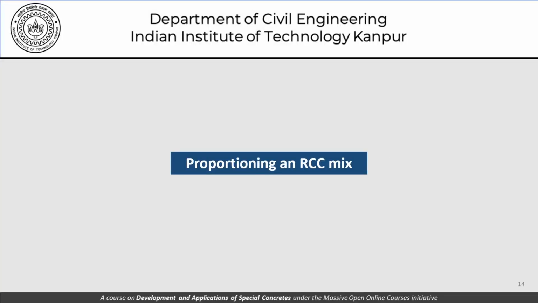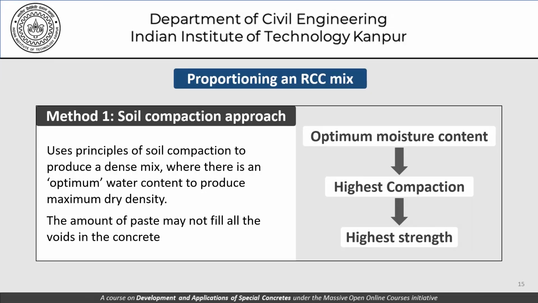As far as proportioning of roller compacted concrete mixes is concerned, there are basically two approaches. One approach is that of soil compaction. In the soil compaction approach, you know from your soil mechanics, a graph like this, which has density plotted on the y-axis and moisture content on the x-axis.